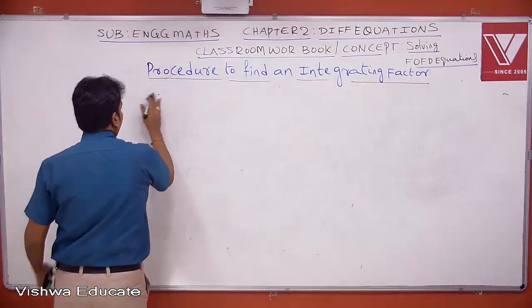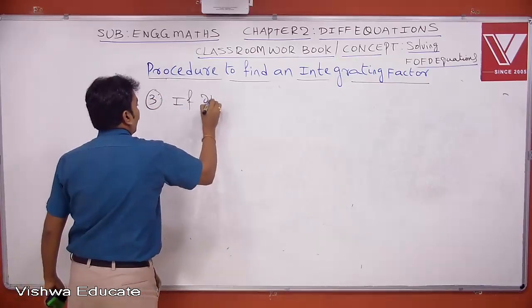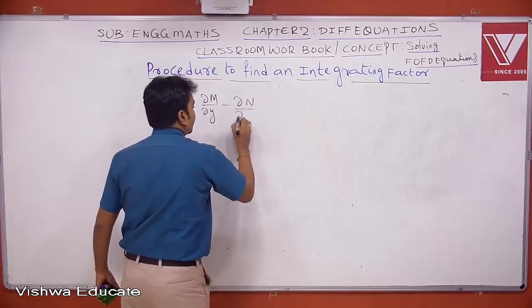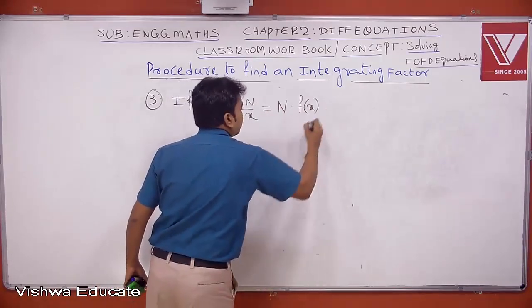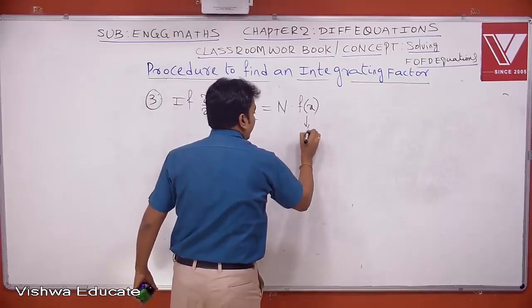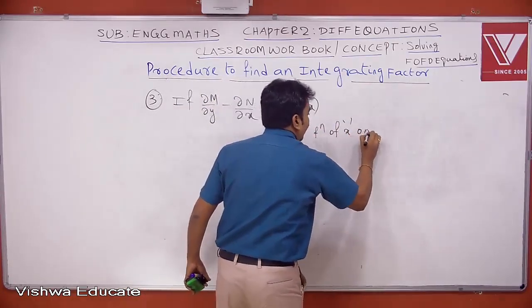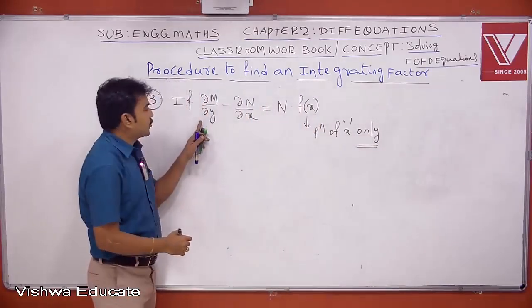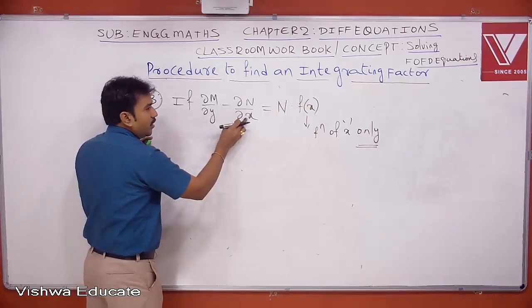Now let us move to case 3. Case 3 is this. If dou m by dou y minus dou n by dou x equal to n into f of x. Here f of x is a function of x only. It should not contain the y terms. Just find the difference of two partial derivatives, dou m by dou y and dou n by dou x.